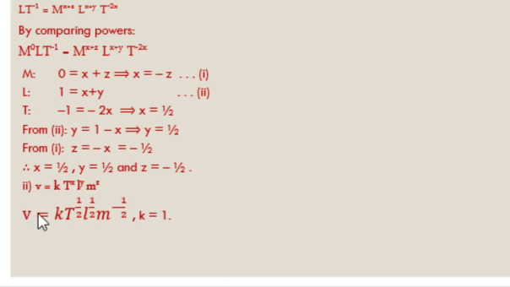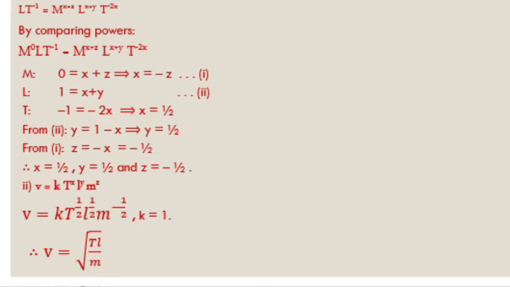So if K is 1, you just put K here, and you're going to have V equals T times square root of T times L divided by M, because power half on each means square root. The negative brings M to be the denominator. So the general form of the equation is going to be V equals square root of TL over M, and that is all.